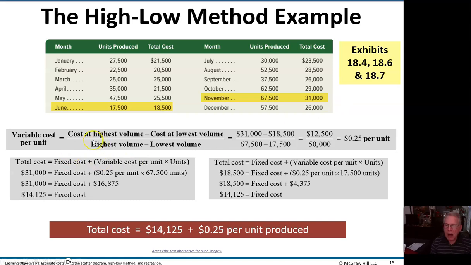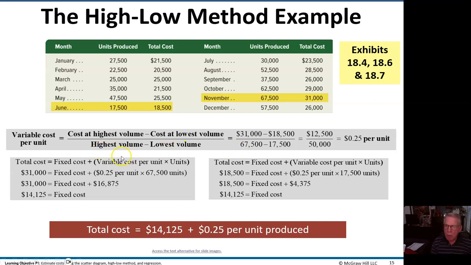I take the highest cost at the highest volume, and that's going to be $31,000 here. And I'll subtract out the lowest cost, and that's going to be $18,500. That difference is $12,500.